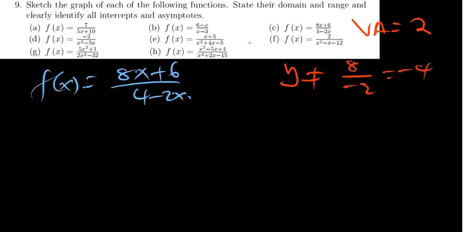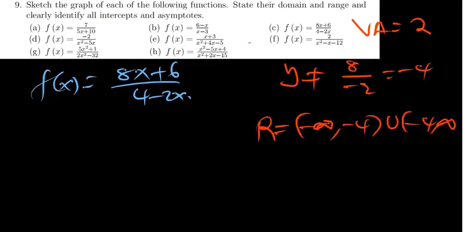So my range is going to be from negative infinity to negative 4 not included, union from negative 4 to positive infinity. At the same time, my horizontal asymptote is at negative 4. So the domain is my vertical asymptote, the range is my horizontal asymptote. That's the principle which is there.